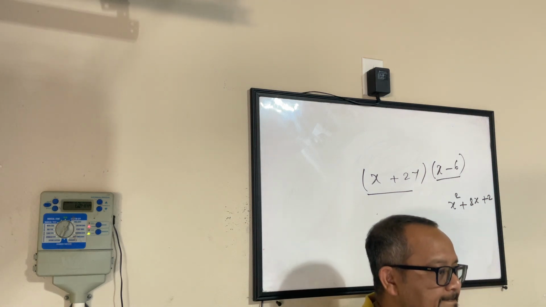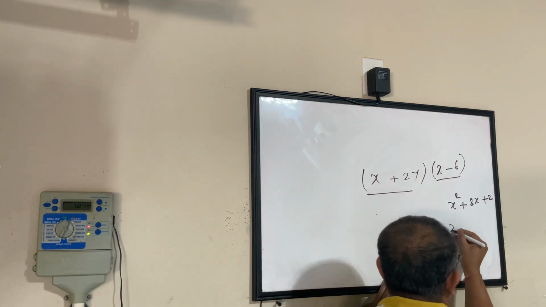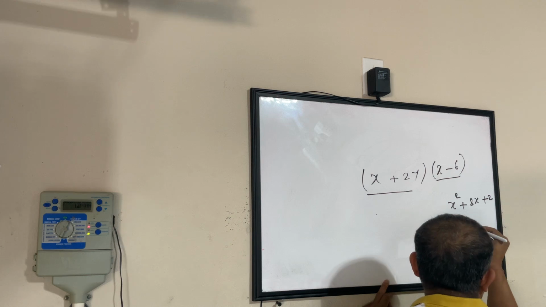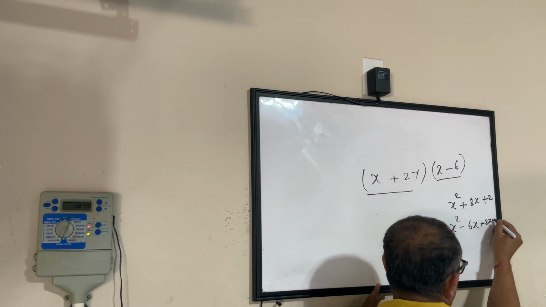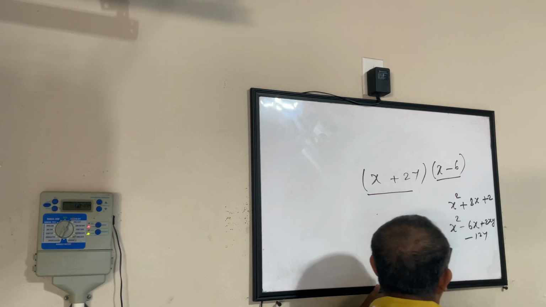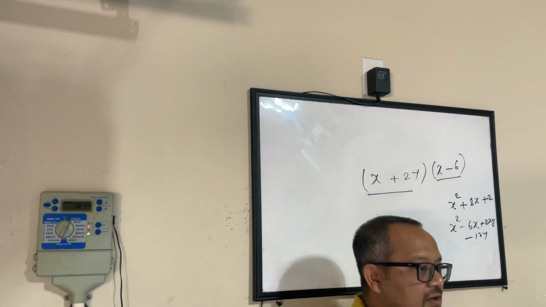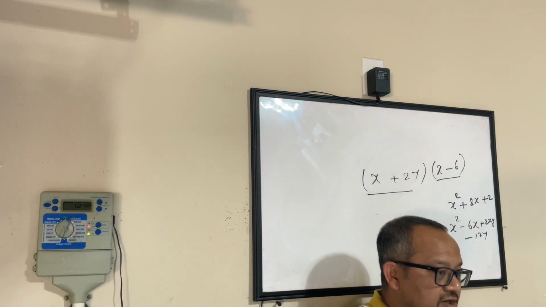Yaritika. I got x squared minus 6x plus 2xy minus 12y. One more time, better. X squared minus 6x plus 2xy minus 12y. Okay. Yes, Gitesh, what did you get?